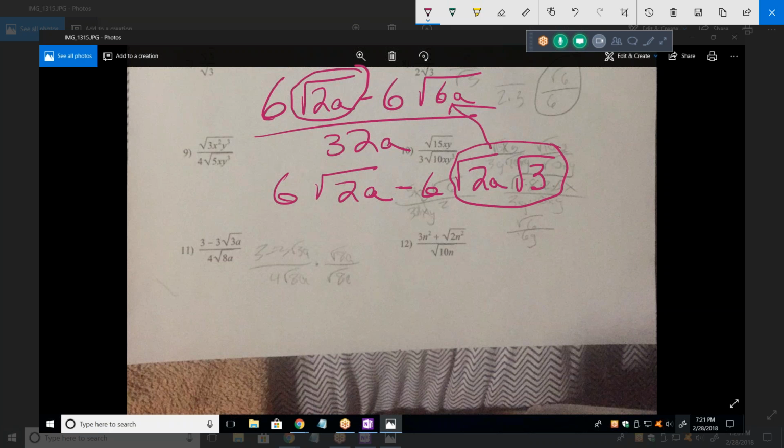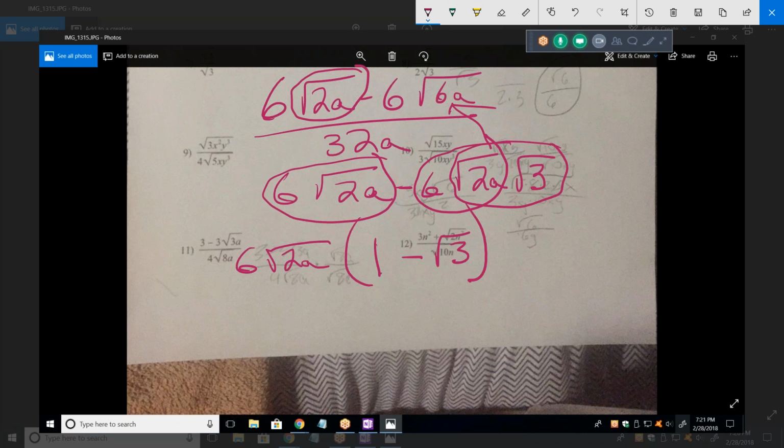Now, notice what I can do. I can actually factor out a greatest common factor. So let's do it. See if it helps. Sometimes this doesn't really help much, but sometimes it does. So that's 1 minus root 3 all over 32a.